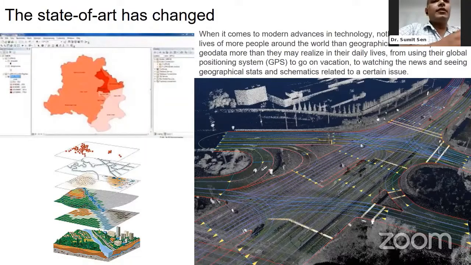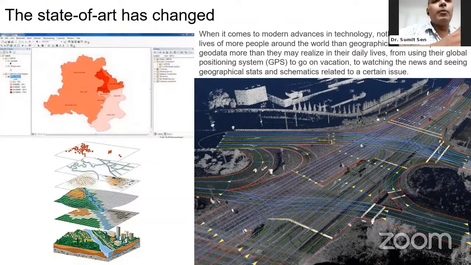So as I was just beginning, the state of art has changed. It has changed so much that many of us are so familiar with the images on the left side, that's the typical desktop GIS, data and layers of information. And on the right-hand side, what you see is actually an HD map, high density map. And this is LiDAR point clouds, classified LiDAR point clouds that are typically used by autonomous driving vehicles.